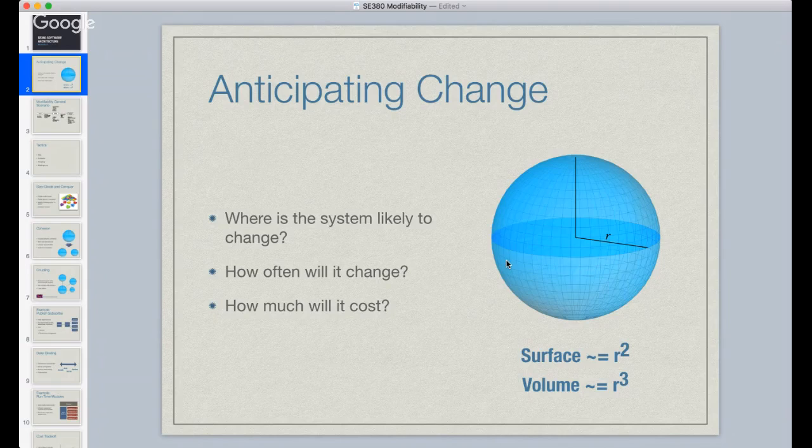As a result, you can see that the surface is roughly equivalent to the function points in the system. And the surface area is about the square of the radius. Now, if we consider the radius to be the capability of the system or the functions of the system, the functional requirements, we see that the function points required to support it often increase approximately with the square of that radius.